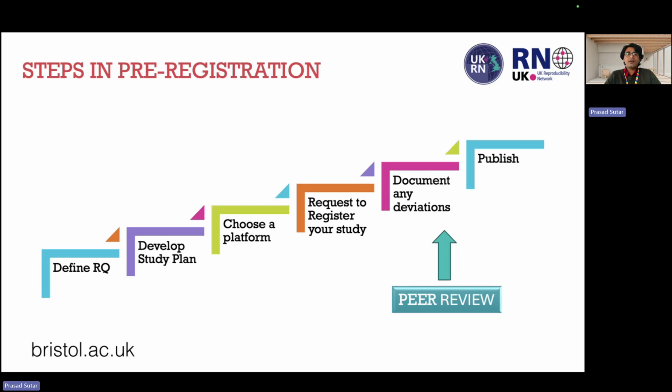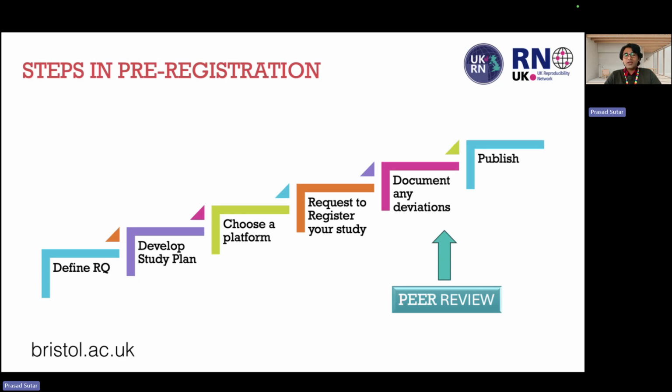So let's briefly look at the steps in pre-registration. So the initial step is where you define your research question, your hypothesis, and you develop a study plan according to it. Once you have a study plan, you will choose a platform. So there are various platforms available, and I will briefly show you those platforms where you can register your study plan.